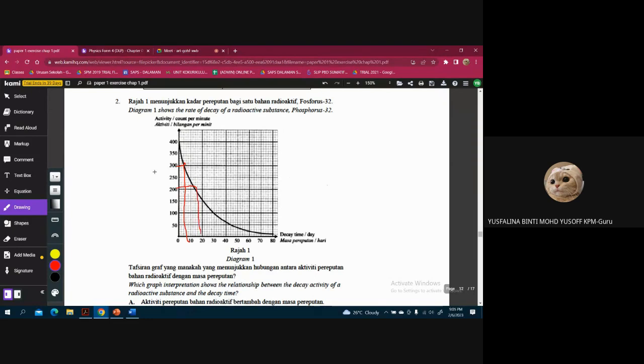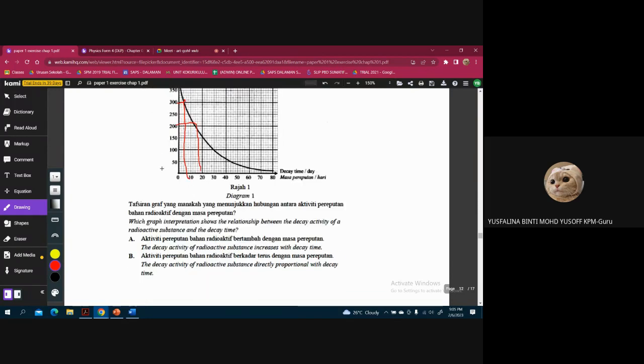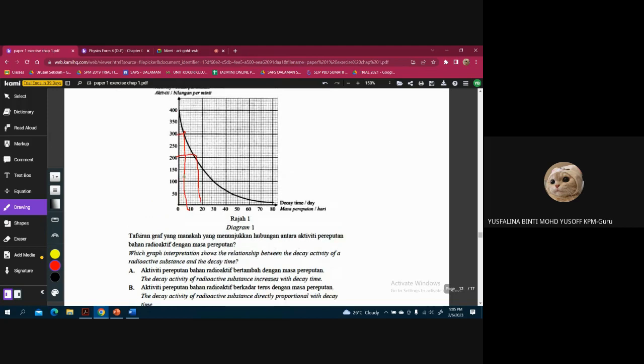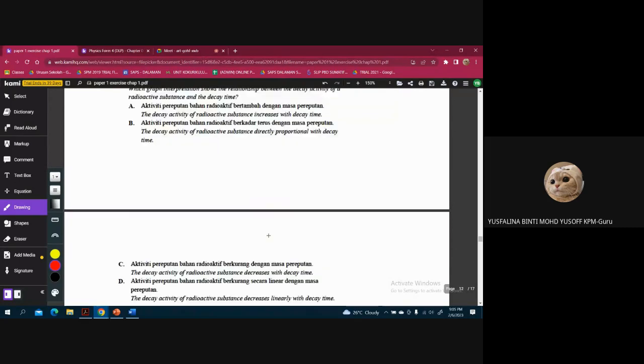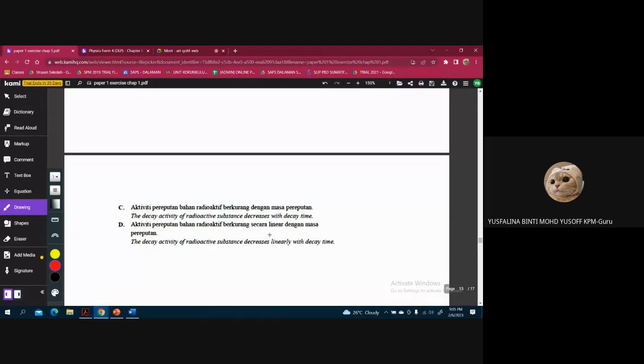So as the time increases, the value actually decreases. You can just read from the graph. Is the decay activity directly proportional? No, this is not directly proportional. The decay of radio substance decreases with time. Decreases linearly? No, it's not linear. So the decay substance decreases, yes, with decay time.